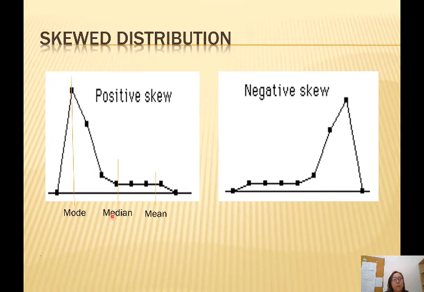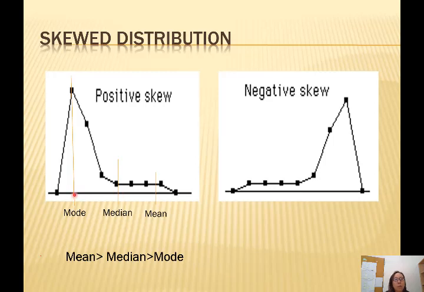So in a positive skewed distribution, you see that the median is a better average because it represents where the vast majority of the data is. So that's a better average than the mean. To express the placement of these three averages, we would say on this horizontal line, the mean is a higher number than the median, and the median is a higher number than the mode.